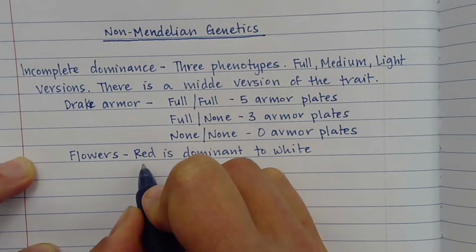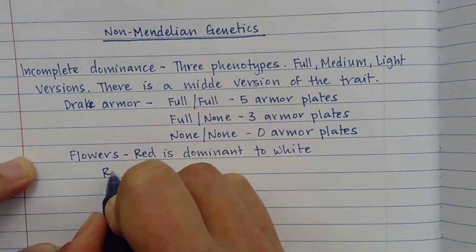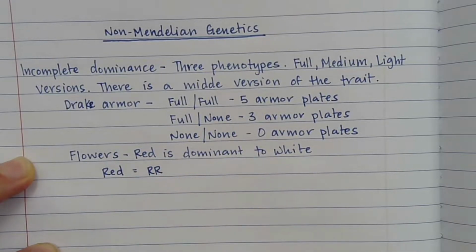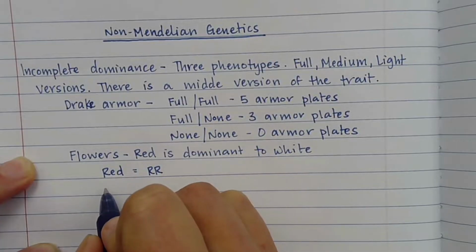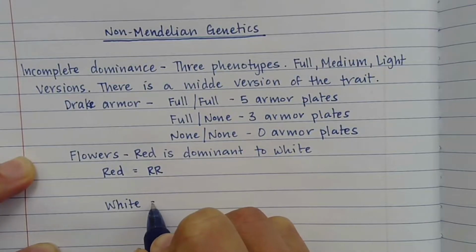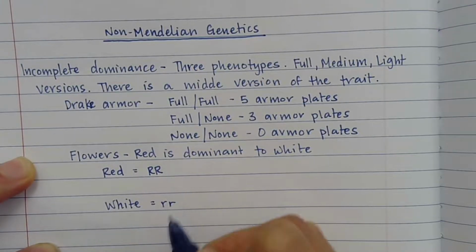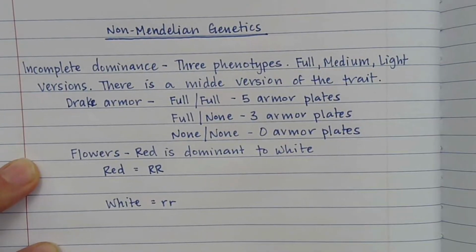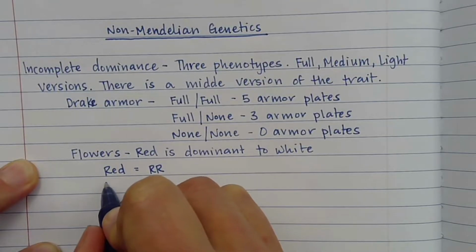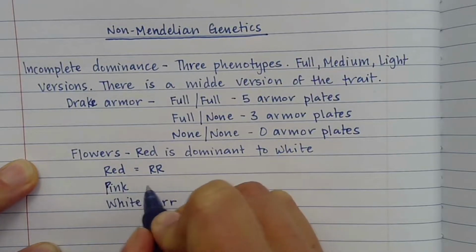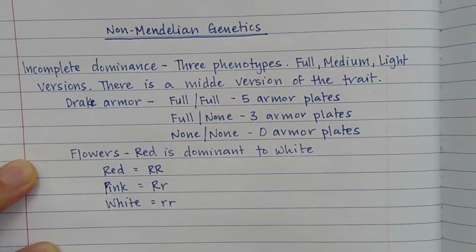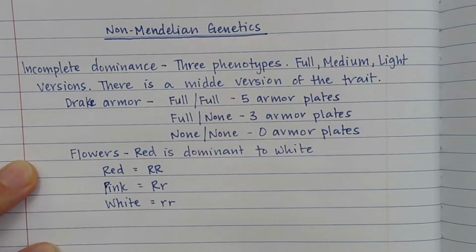So if I have a red flower, then that means that it has the big R genotype. If I have a white flower, because that's recessive, I have a little r genotype. But in the middle, between red and white, we have pink. And if I have a pink flower, then that means that you have 1 big R and 1 little r as the genotype.